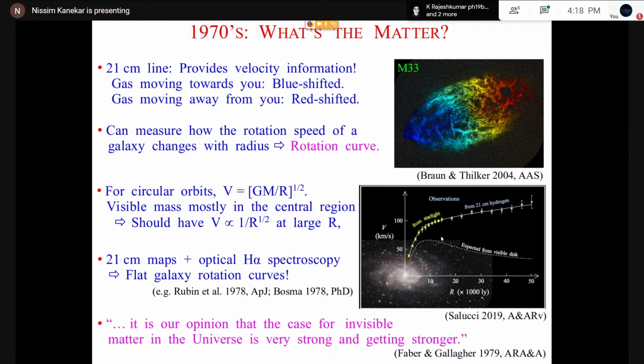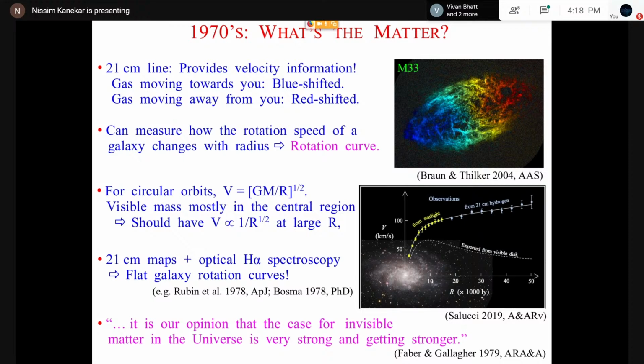And you can see that way beyond the starlight, the 21 centimeter light is allowing you to actually measure the rotation curve out to nearly a factor of 5 more than the starlight, and the rotation curve is either flat or rising in this case. And this is what people found in the 1970s, that when you combined 21 centimeter maps and optical H-alpha spectroscopy, you got either flat or rising galaxy rotation curves.